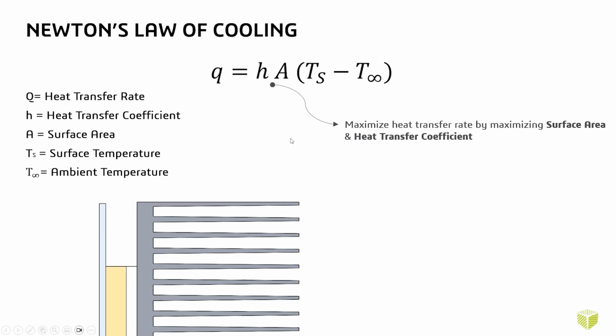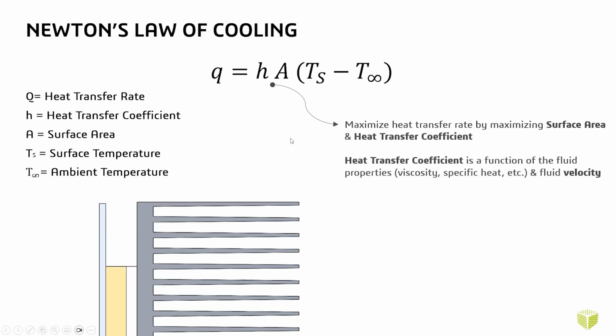So the heat transfer coefficient is formulated with many different types of inputs, but the fluid properties is one big aspect of that. So, for example, changing the viscosity of the fluid could affect that heat transfer rate. Water with a higher viscosity will create higher heat transfer coefficients than air with a lower viscosity.